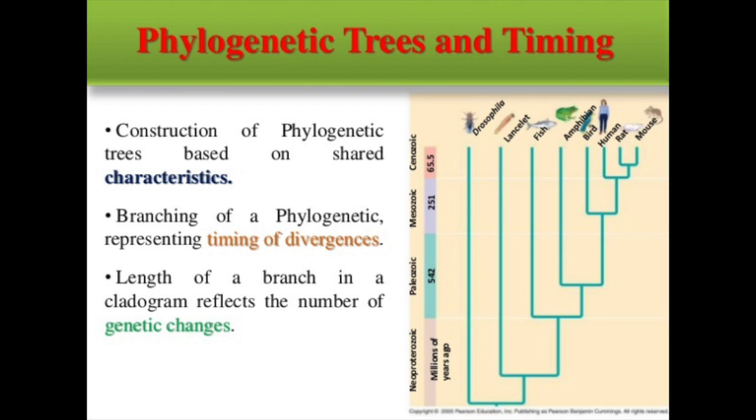I'm sure we already basically get the whole feeling from the simple example. So construction of phylogenetic trees is based on shared characteristics, and branching represents the timing of divergence, and the length is the number of genetic changes.